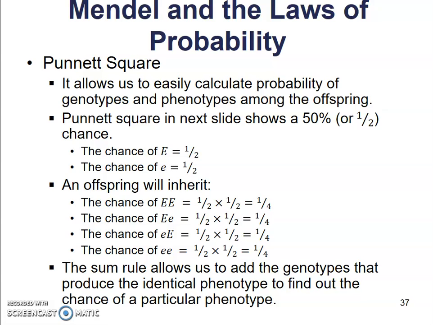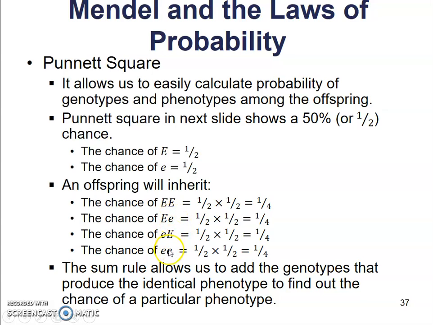The Punnett square on the next slide shows a 50% or 1/2 chance of big E and 1/2 chance of little e. All right, the offspring will inherit big E. So there's a 1/4 chance that there'll be big E, big E. There's a 1/4 chance that there'll be big E, little e. There's a 1/4 chance of little e, big E, which is essentially the same thing as this.